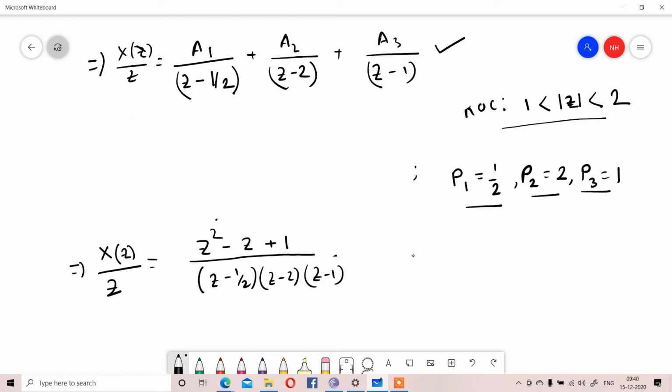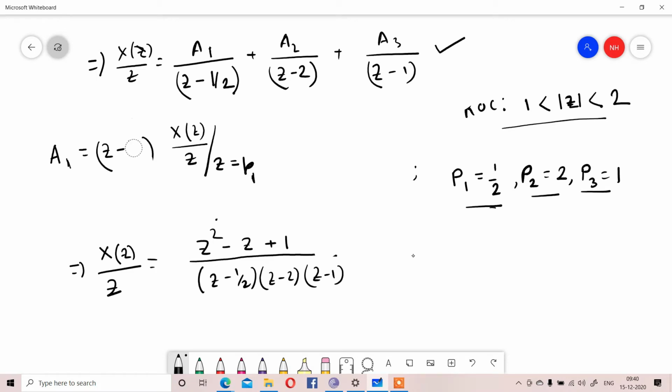I am writing down again the formula. Values of Ak is defined as z minus pk times Xz by z, where the value of z will be pk. So if k equal to 1, then A1 equal to z minus p1 times Xz by z, where z equal to p1. Value of p1 is half.